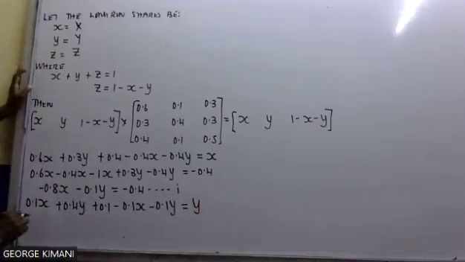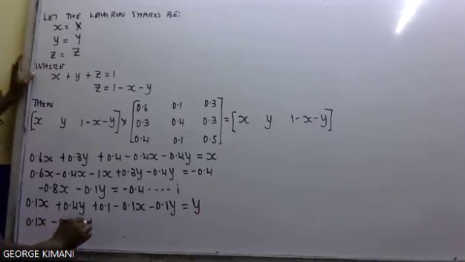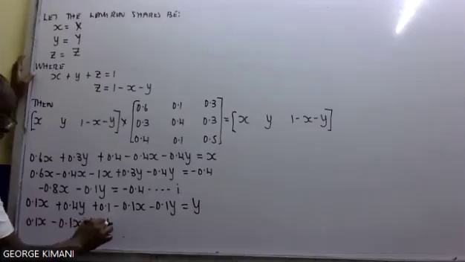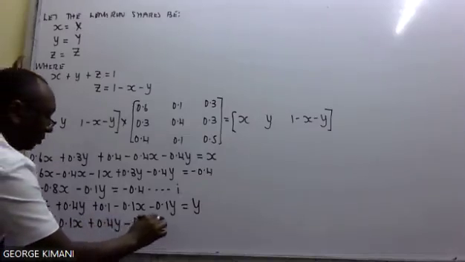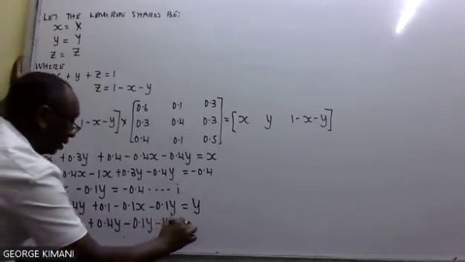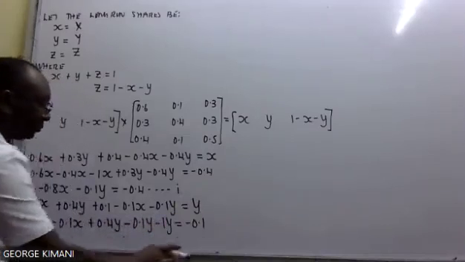So you put items together, you get 0.1x minus 0.1x again, plus 0.4y minus 0.1y minus 1y is minus 0.1.